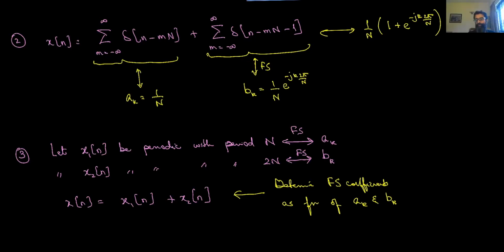Exactly, that's what you would have to do. But the Fourier series coefficients for 2N would be related to the Fourier series coefficients a_k's. How are they related to a_k's? That's something I want you to figure out. When you are able to find that relationship, what its Fourier series coefficients with respect to 2N are, then you can apply the linearity property rightly.